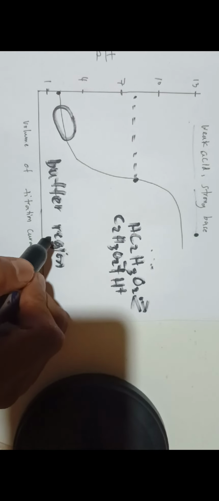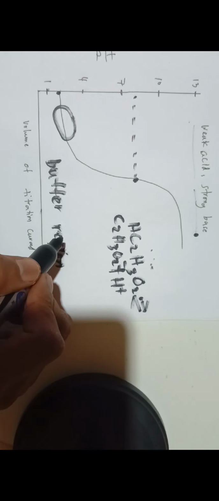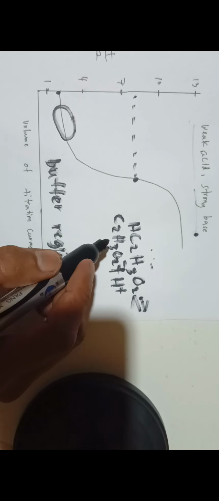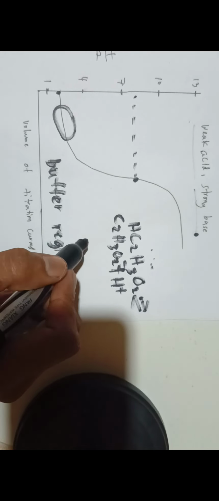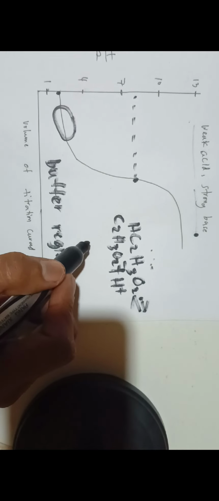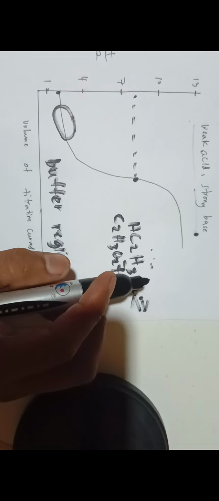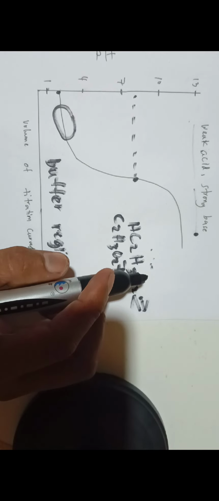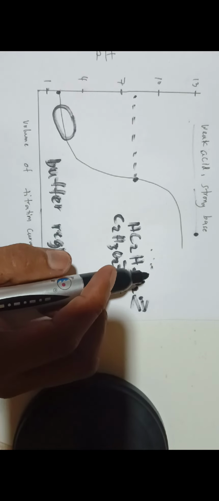So what's happening here? When we titrate the weak acid with the strong base, we have a conjugate acid-base pair.